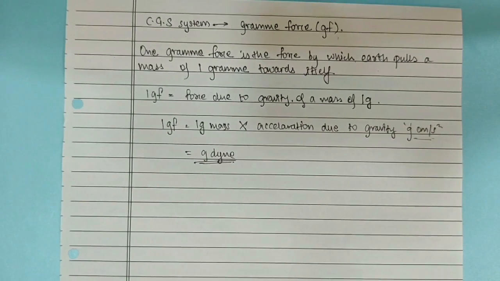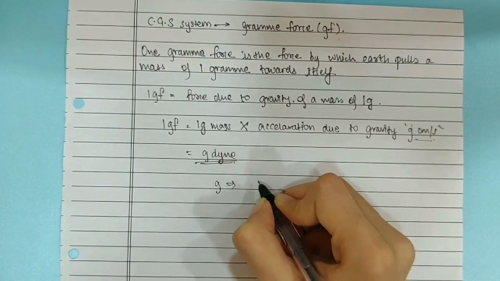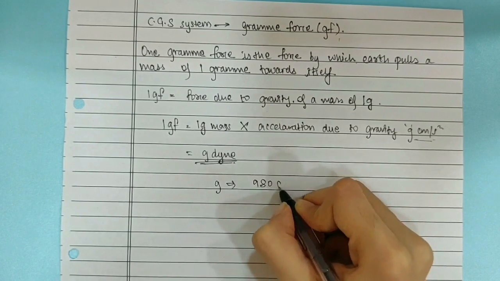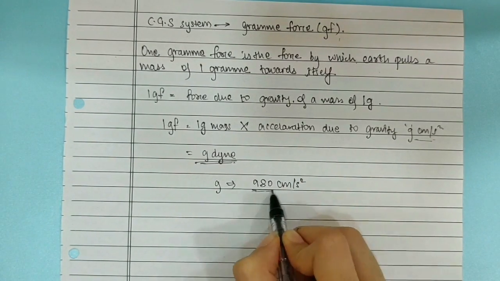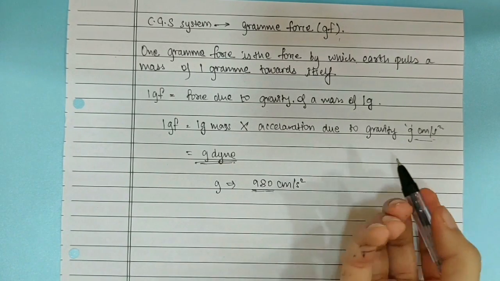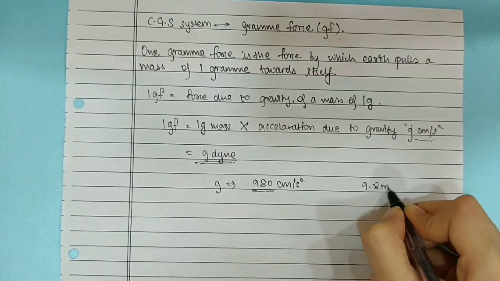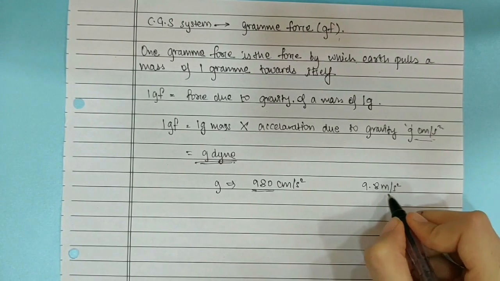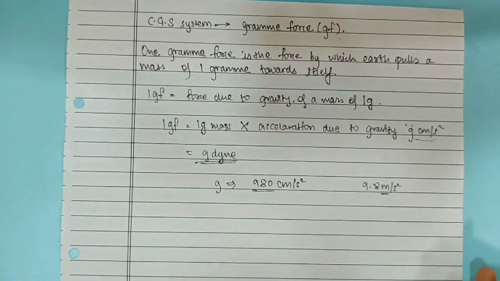Since the average value of g here we consider as 980 centimeter per second square. I hope you understand why we take 980. It's because in the MKS system we had 9.8 meters per second square. If we convert meters into centimeters, we'll have 980 centimeter per second square.